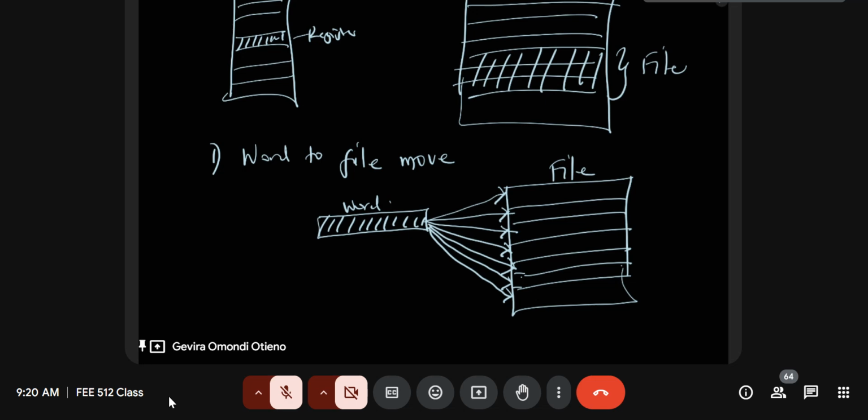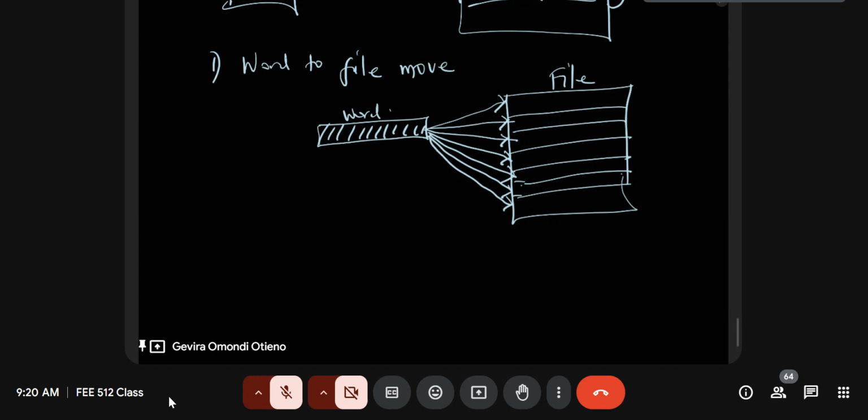So I'm just giving that analogy so you think of a word to file move is like that. You have a single instruction, which is a move instruction, but you're moving a single word to a whole table, okay, or a whole file.